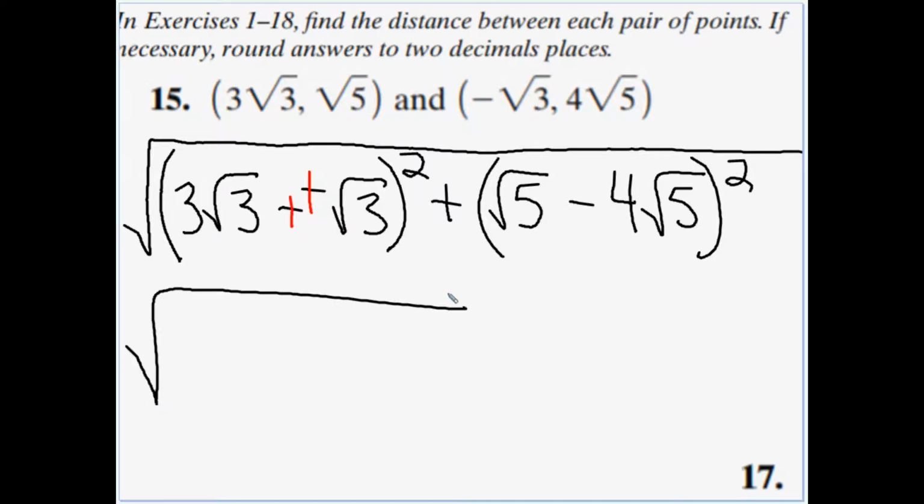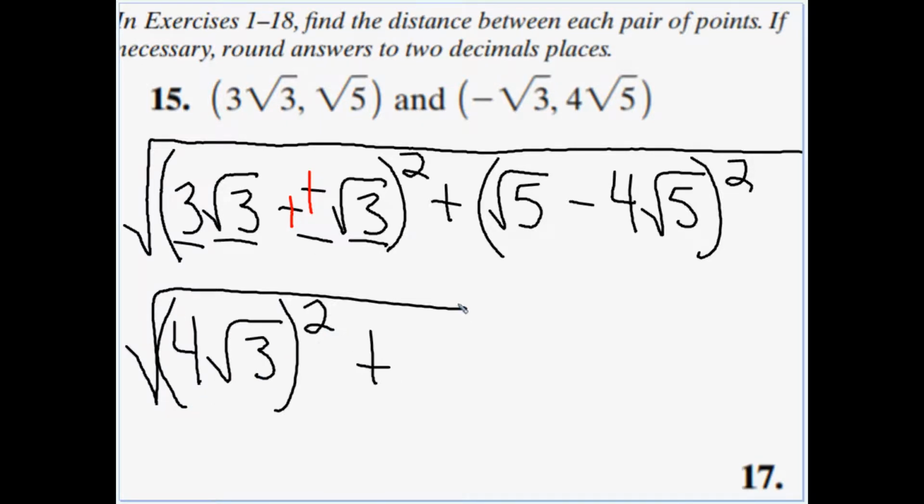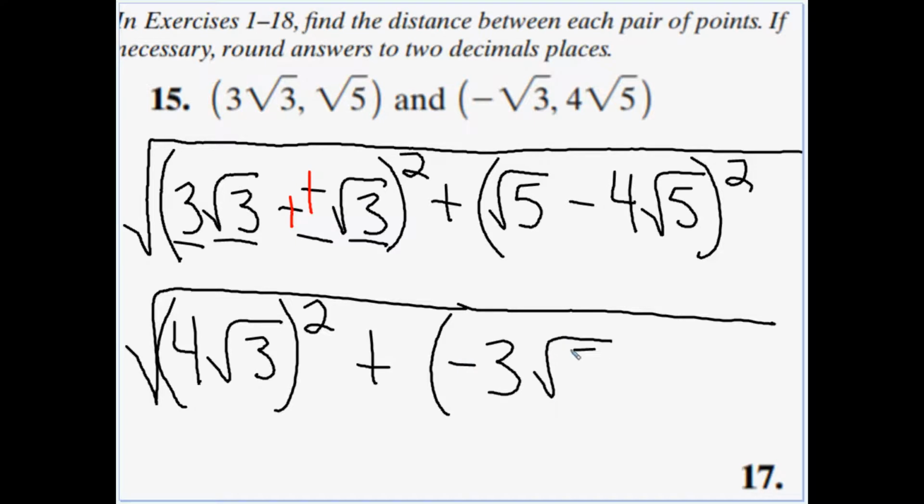And what do we have here? We have 3 roots of 3 and 1 more root of 3, so we now have 4 roots of 3, and that is still a squared quantity, plus 1 root of 5 minus 4 roots of 5 is negative 3 roots of 5. We're just considering the radical as an x.